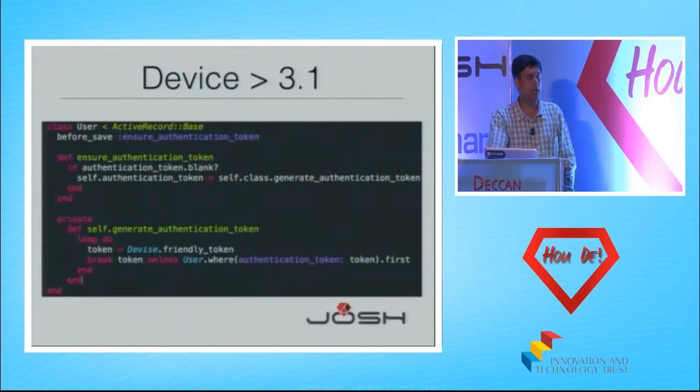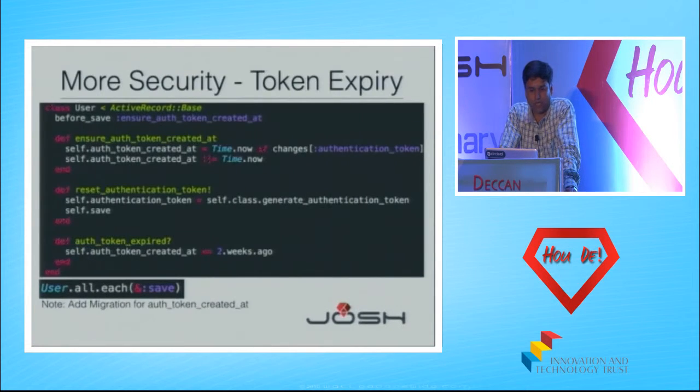All right. Now you have the infrastructure set, you are creating a token, but I would recommend putting a little more security on top of it. So I would recommend adding a token expiry. For example, here I have put a token expiry of 2 weeks. In order to do that, you need to add one more migration to keep the token creation date, and then create one more method to ensure that the token creation date is stored, and the final one is a method to reset or recreate the authentication token.